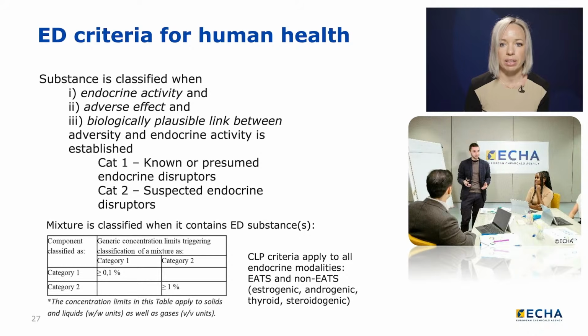This means if there is a substance classified as endocrine disruptor for category 1 in a mixture above or equal this 0.1 concentration limit, then also the mixture should be classified. The corresponding classification limit for category 2 is 1%.